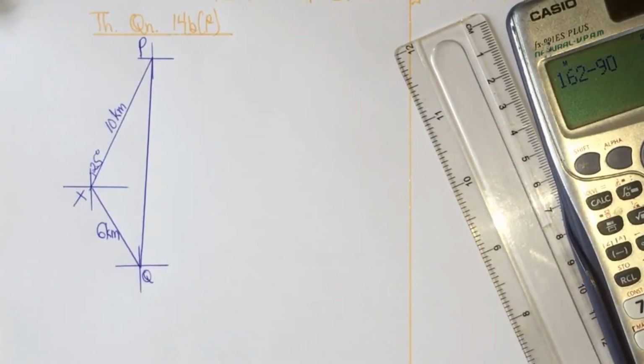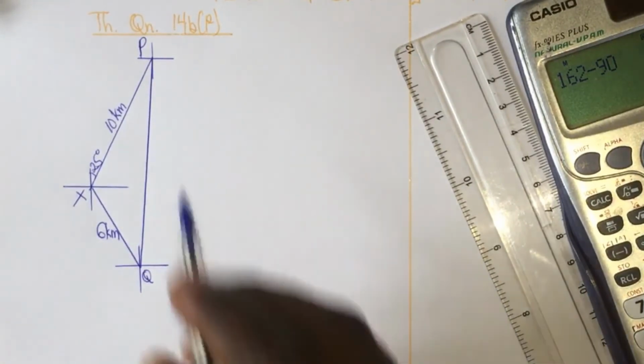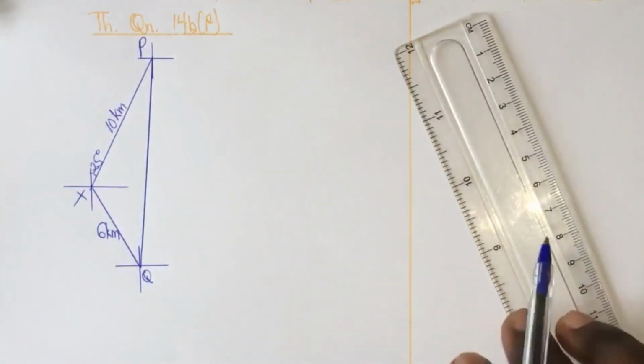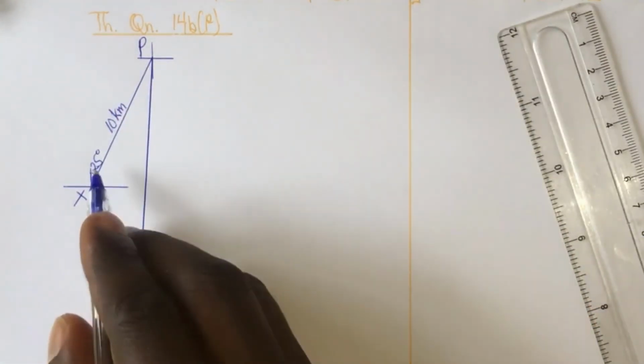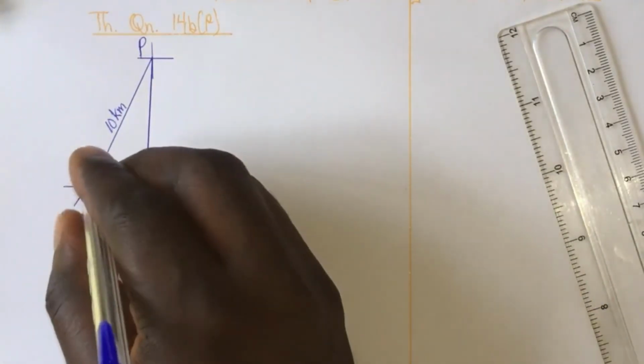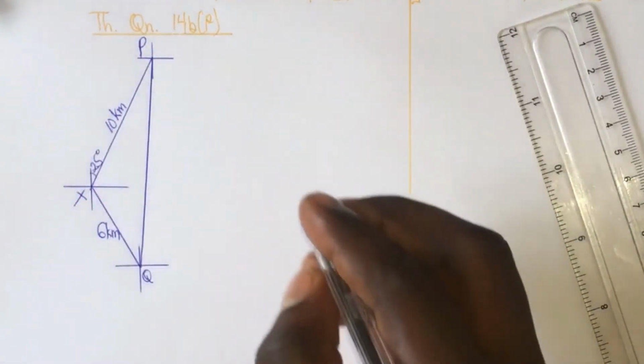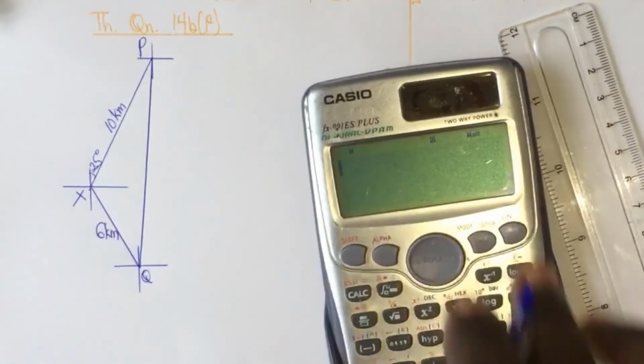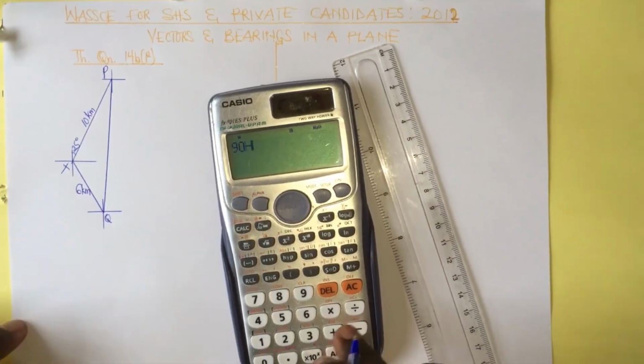And we have to find the distance PQ. Okay, let's see. Here is 25 degrees. So this angle will be 90 minus 25. I think it's 65.